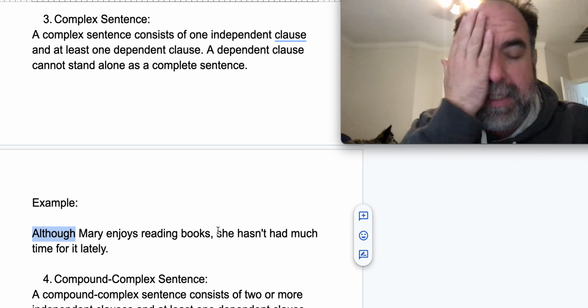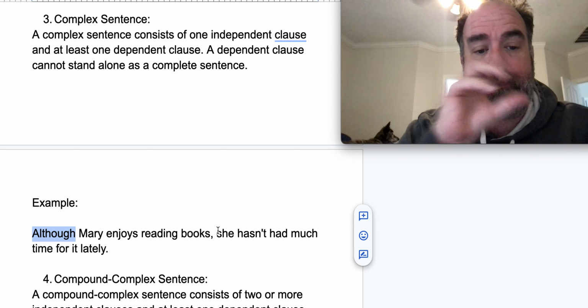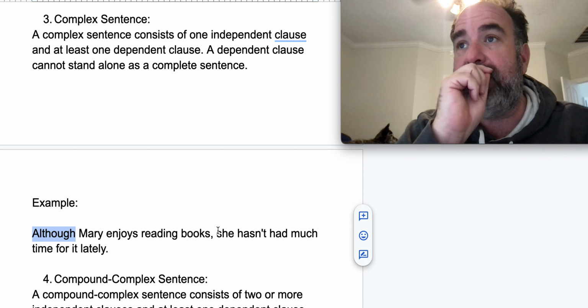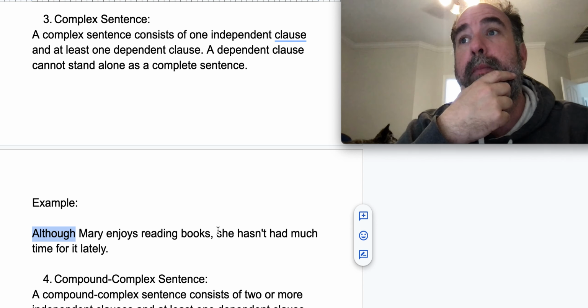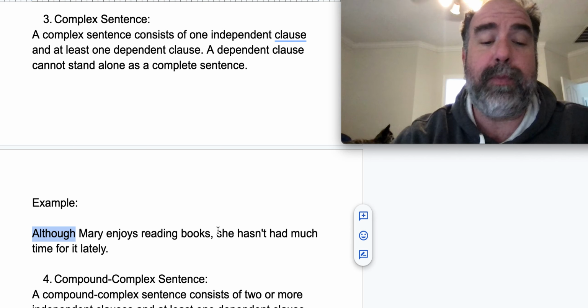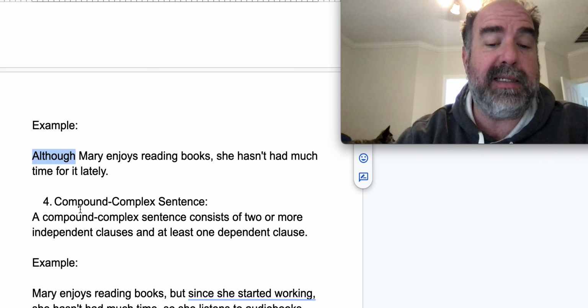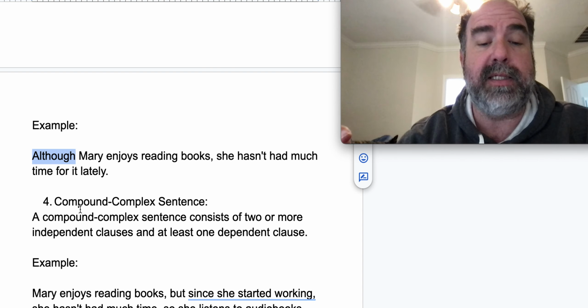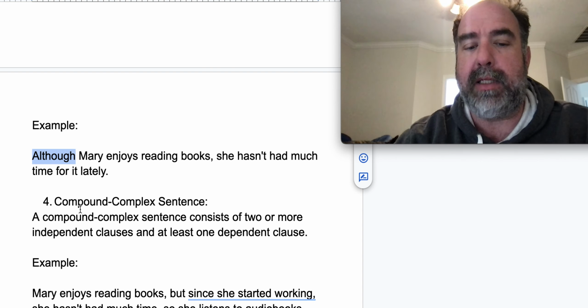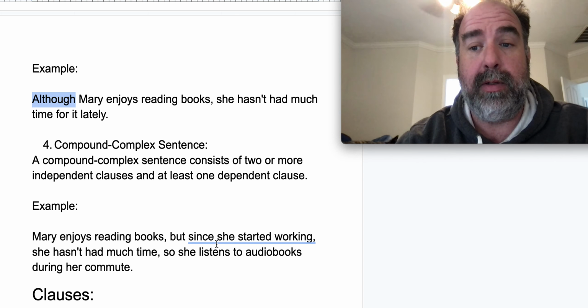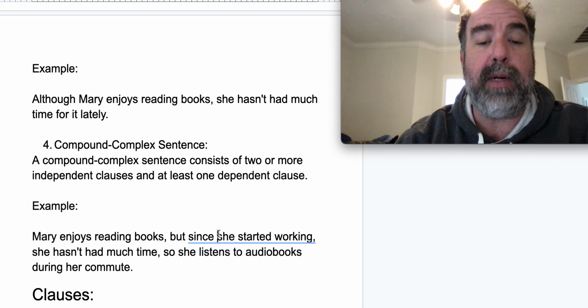But complex sentences are a useful way of making your paper look more advanced. Not gonna lie. Compound complex sentences: a compound complex sentence consists of two or more independent clauses and at least one dependent clause. Now, I want to show you this. Grammarly hates this. I use Grammarly. Grammarly hates it.